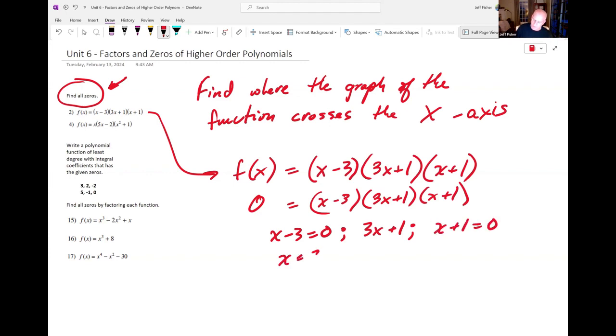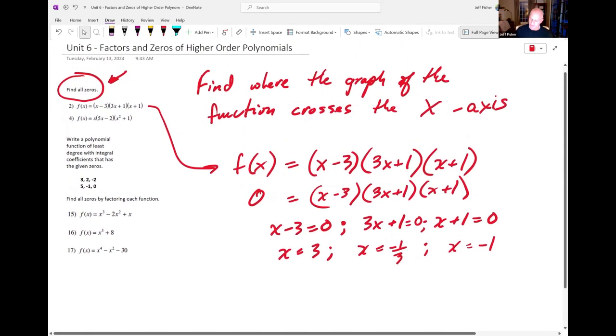So x would equal 3. If we set 3x plus 1 equal to 0, x would equal negative 1/3. And then this would be x equals negative 1. Those would be where it crosses the x-axis.